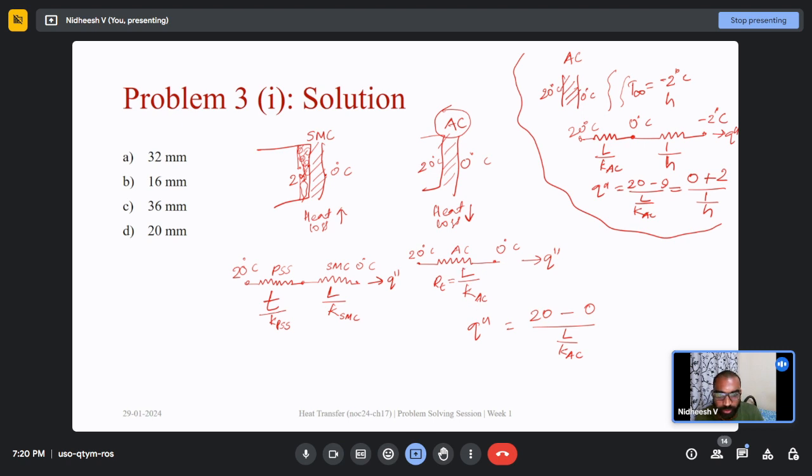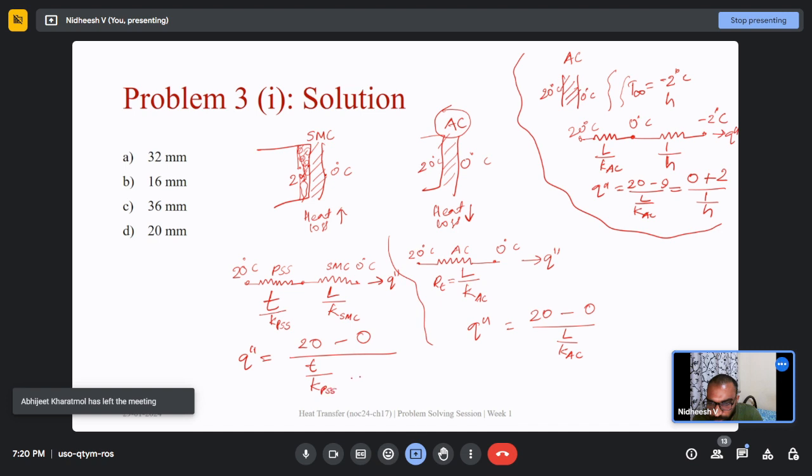So flux in this case we wrote as 20 minus 0 by L by K of aerated concrete, and in this case Q dash equals 20 minus 0 by T by thermal conductivity of polystyrene sheet plus these resistances, which add up directly, right?